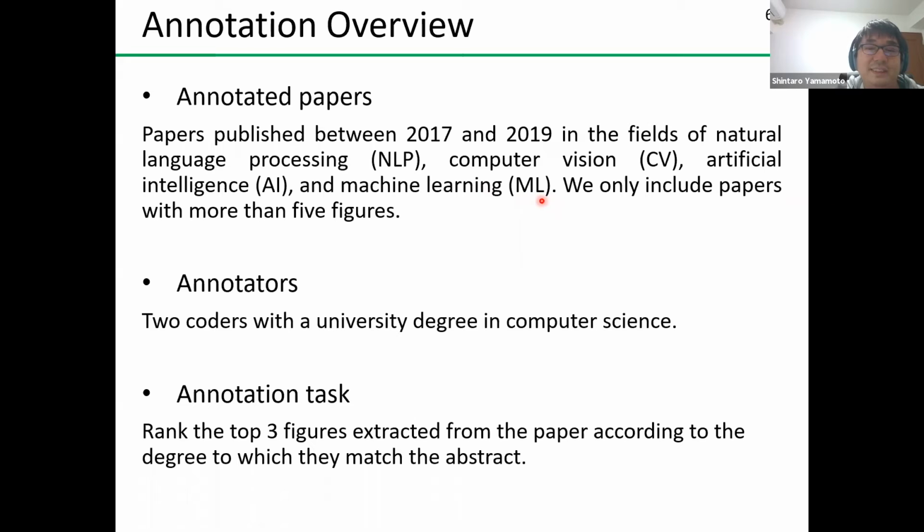We only considered papers with more than 5 figures because papers with limited figures make it easy to identify the central figure. We asked two annotators with a university degree in computer science to rank the top 3 figures extracted from the paper according to the degree to which they match the abstract.